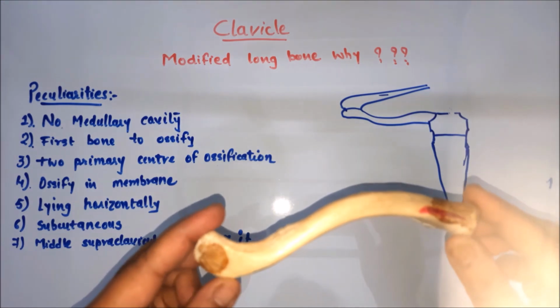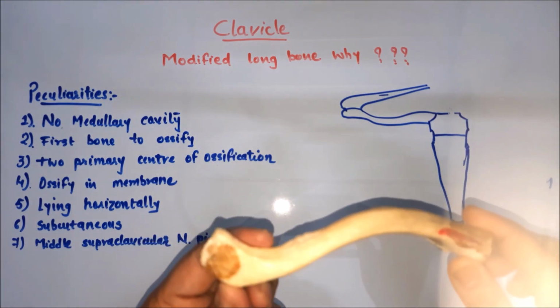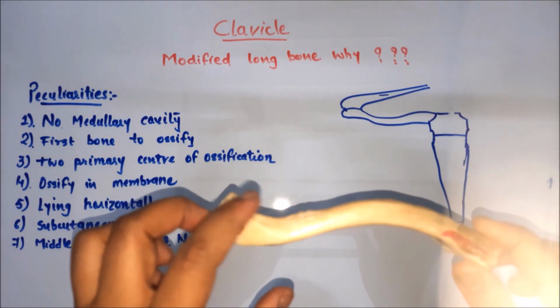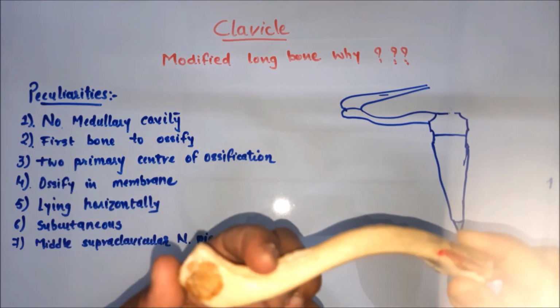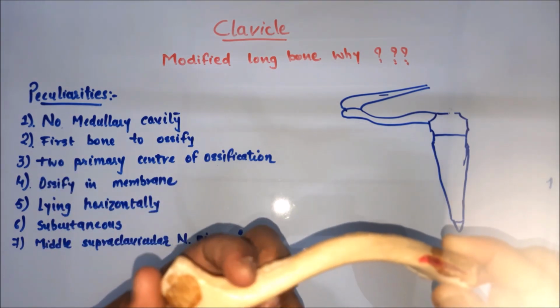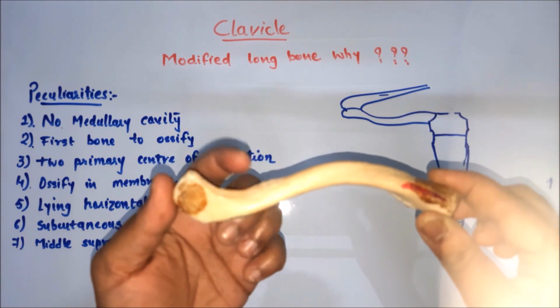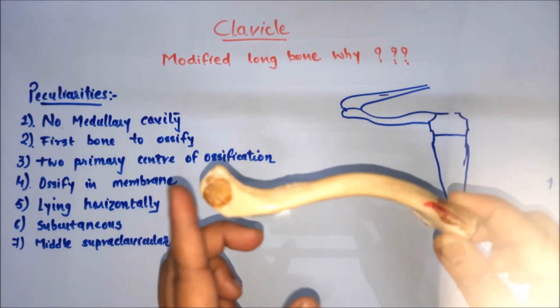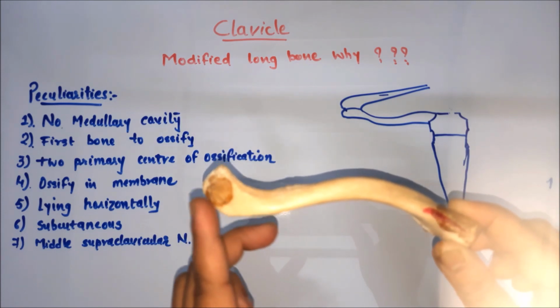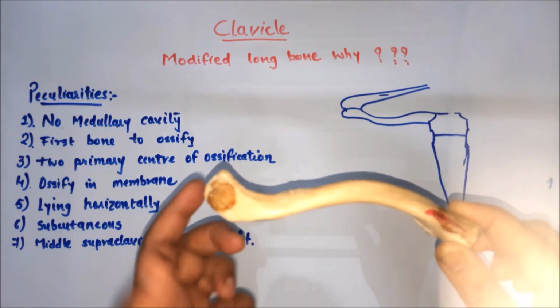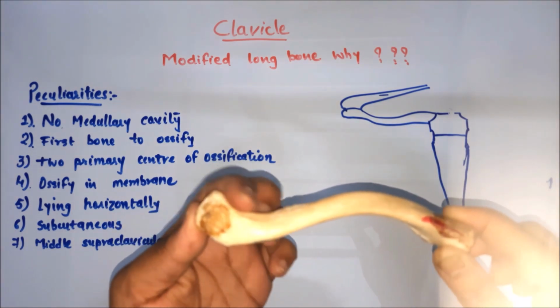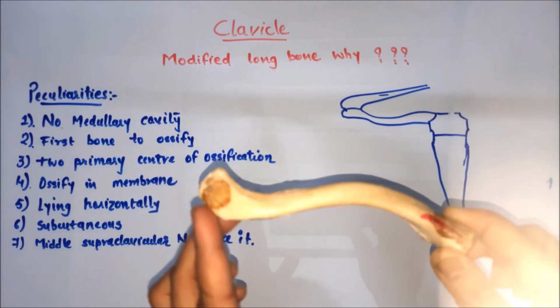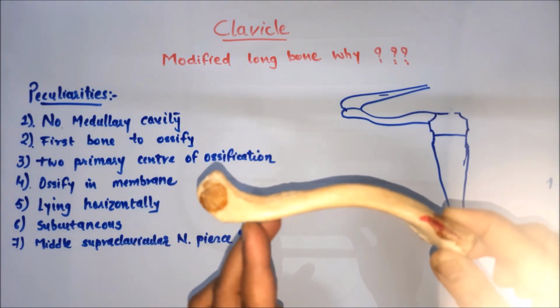Now let us see the attachments. On the lateral end, the anterior border gives origin to the deltoid muscle, the anterior fibers of the deltoid. The posterior surface receives the insertion of the trapezius. Here will be the deltoid, here will be the insertion of the trapezius.